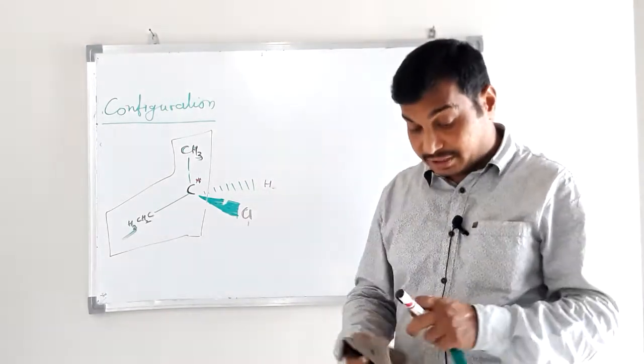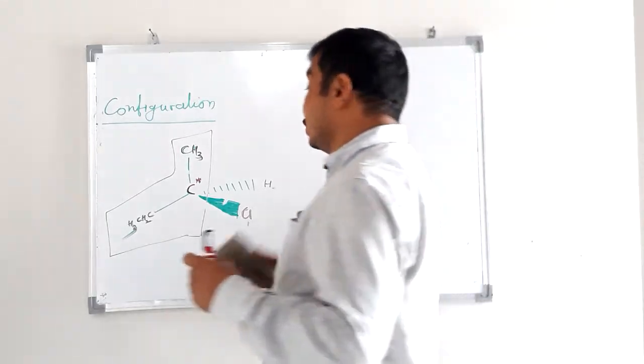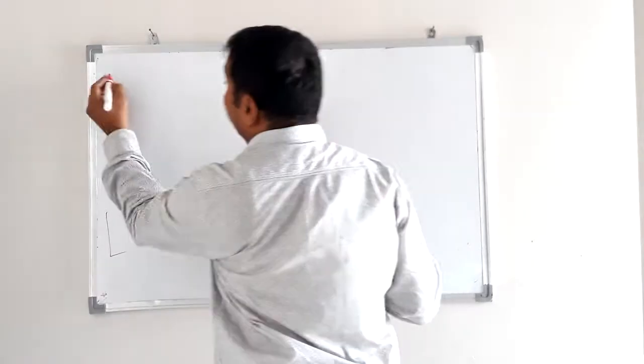One method or one system is the DL system of nomenclature.